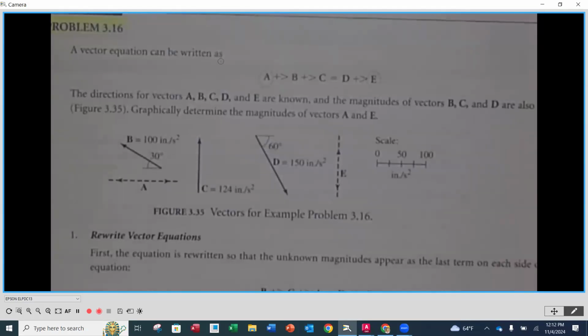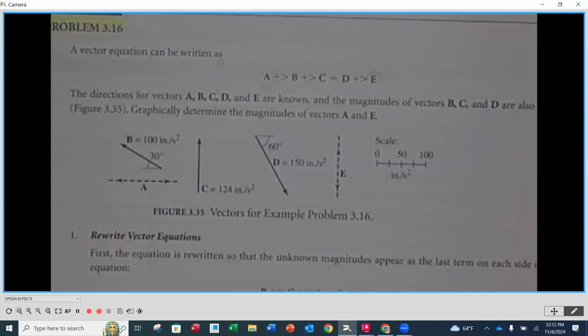So you'll notice here that A is a horizontal line and it has arrowheads going right and left. So what that means to us is we don't know. It's an unknown quantity. We know its direction in terms of line of action. So we know it's a horizontally directed vector, but we don't know its magnitude and we don't know if it's pointing left or right. All right. So that's an unknown value.